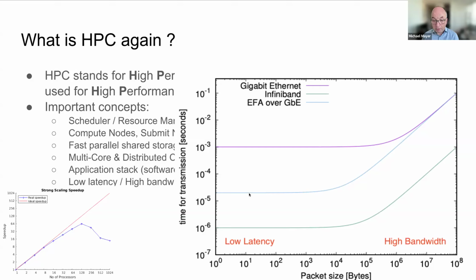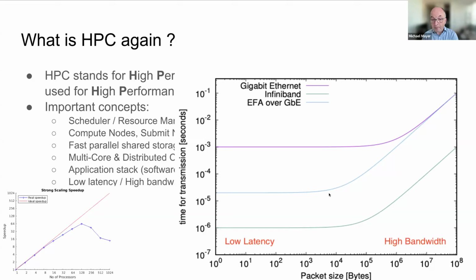However, what it shows you, number one, is that for large packet sizes, the time for transmission increases linearly, because that's where the actual bandwidth of the network comes into play. However, for small packet sizes below, let's say, 10 kilobytes or so, 10 to the 4 bytes here, you will see that the time for the transmission is pretty much flat.